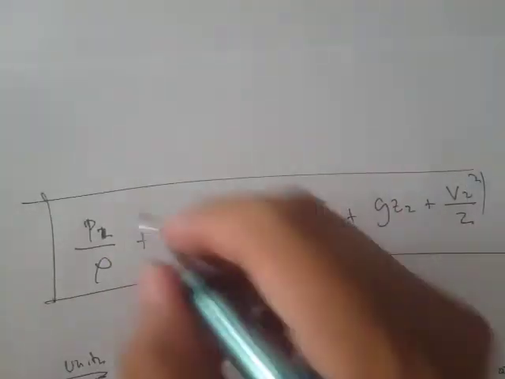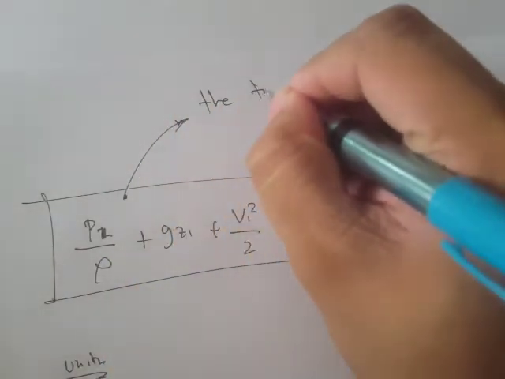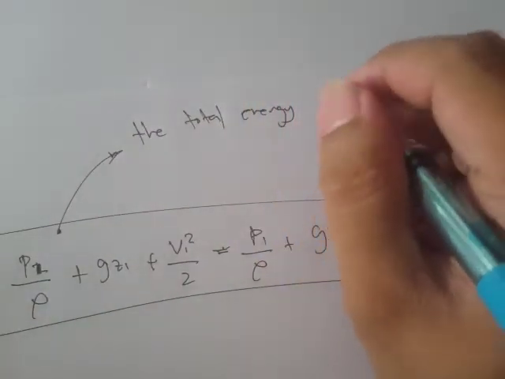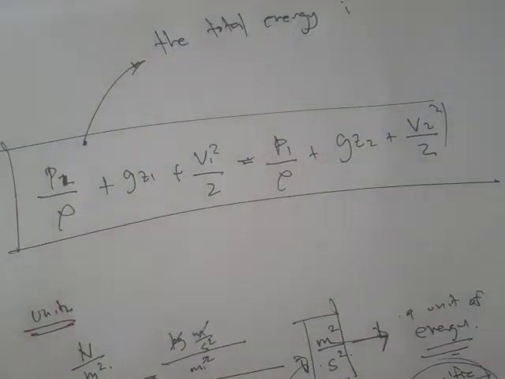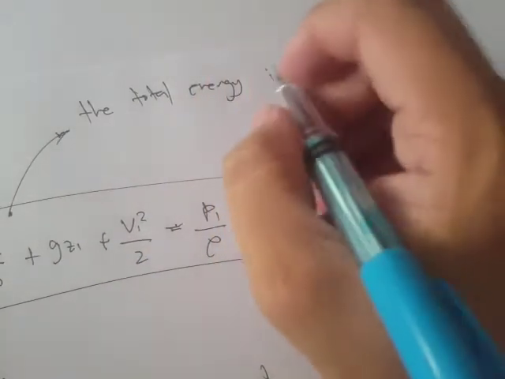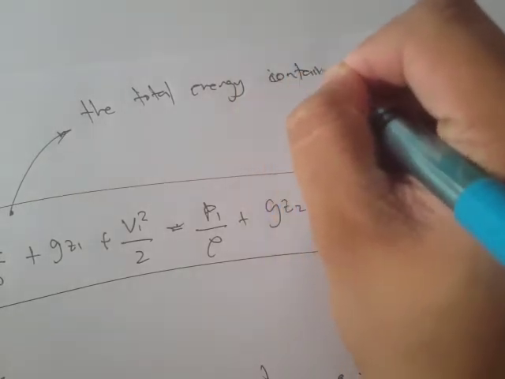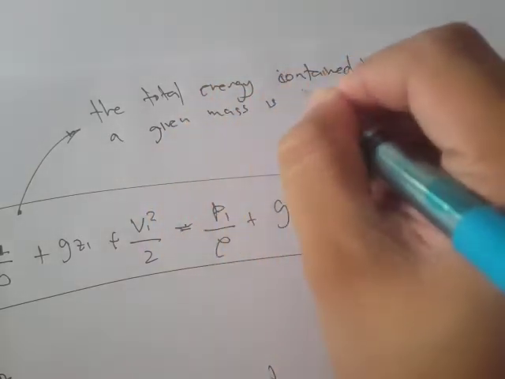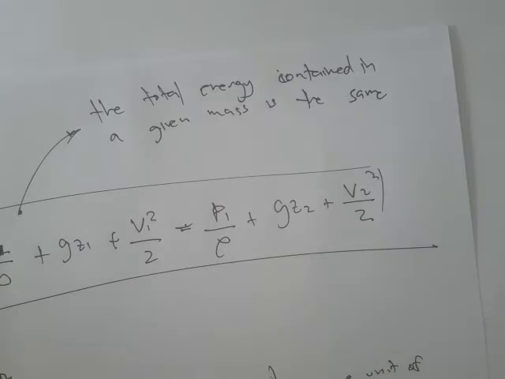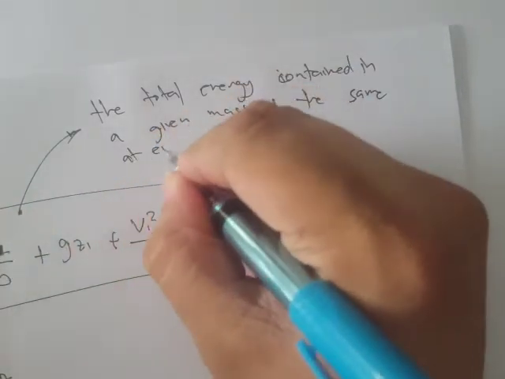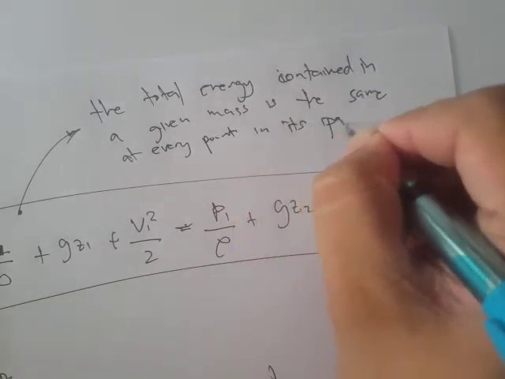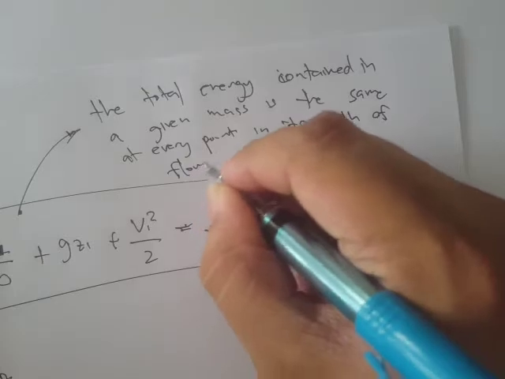Okay, so what this equation means is that the total energy is conserved, or the total energy contained in a given mass is the same at every point in its path of flow, right?